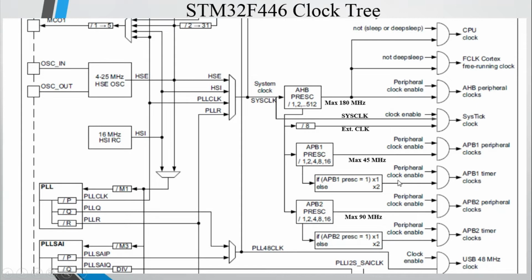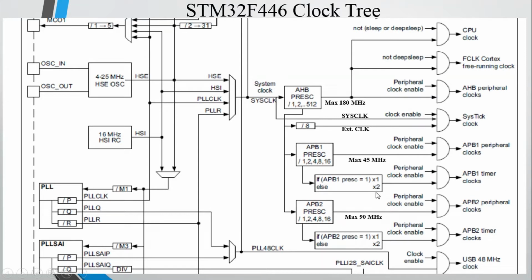But for all other APB peripherals, you can have the prescaler configured as 1, 2, 4, 8 or 16. For timers alone, only two prescaler configurations are possible, that is 1:1 or 1:2. That you need to keep in mind.